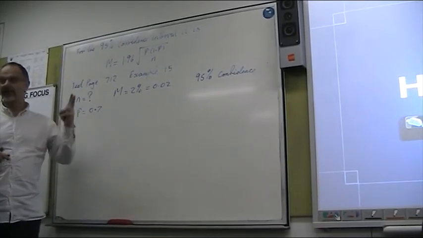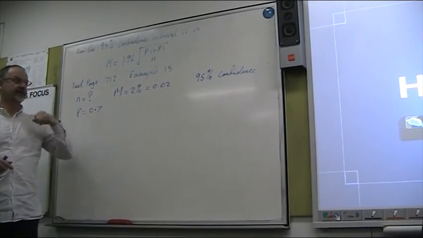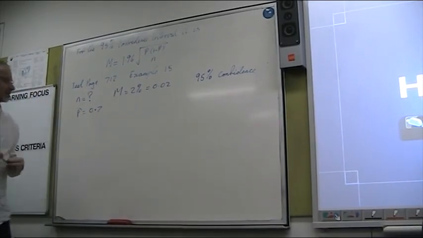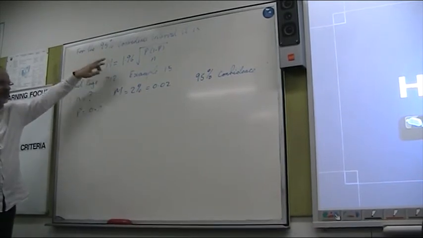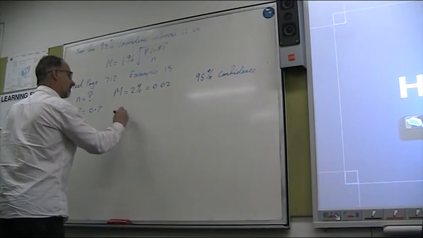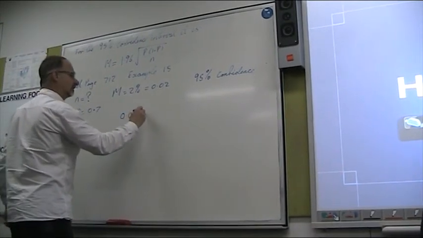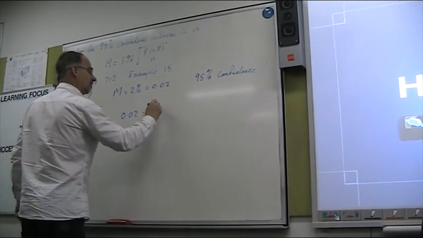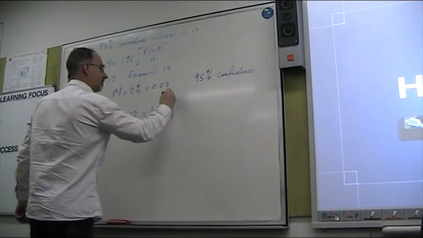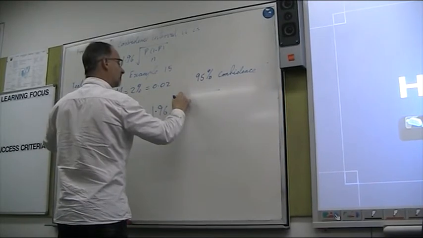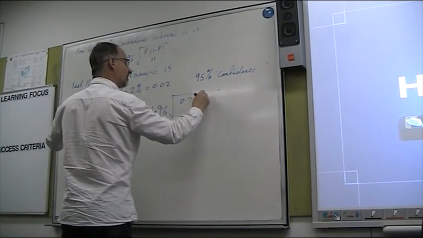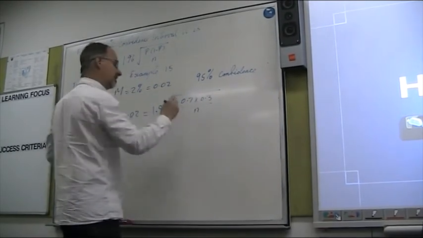A lot more than 20 you would think. So our margin of error we want to be 0.02, equal to 1.96 times the square root of the sample proportion 0.7 times 0.3 over n.